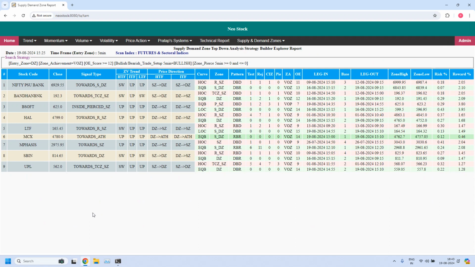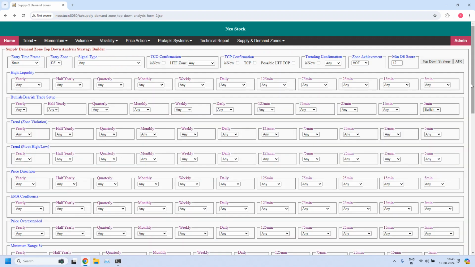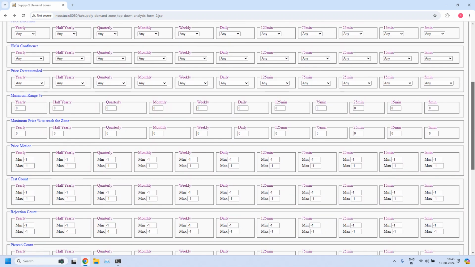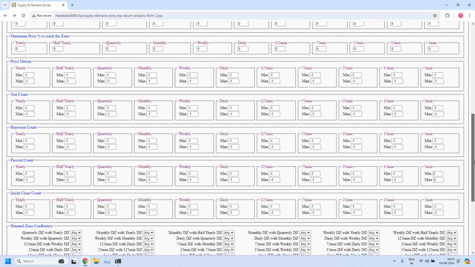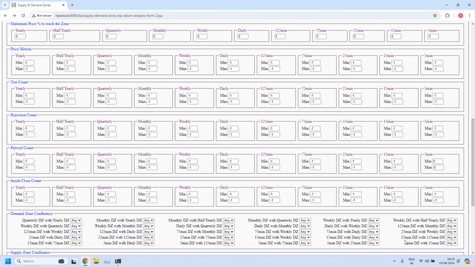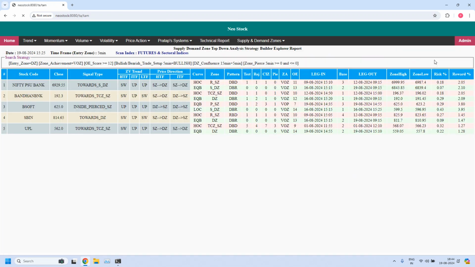So let's verify how many of these stocks are having confluence with 15 minutes time frame, 5 minutes and 15 minutes demand zone confluence. So this is the one, 5 minutes demand zone with 15 minutes demand zone enabled. Let's verify. So 5 stocks are having confluence with 15 minutes time frame.